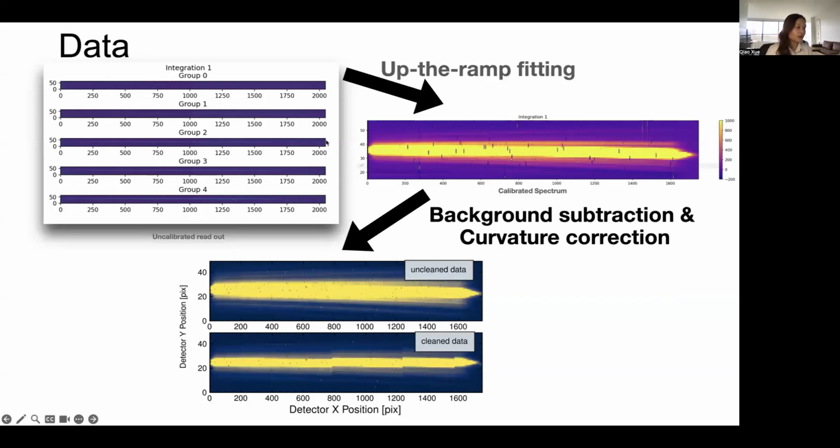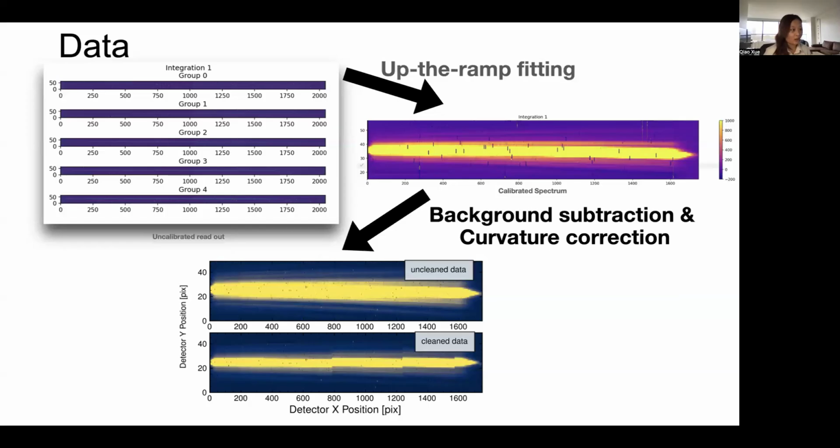And as more photons are collected, the charge in each pixel bucket increases over time, and that creates a ramp of signal accumulation. So for a well-behaved pixel, this increase should be linear, meaning the electrons should increase at a steady rate as light accumulates.